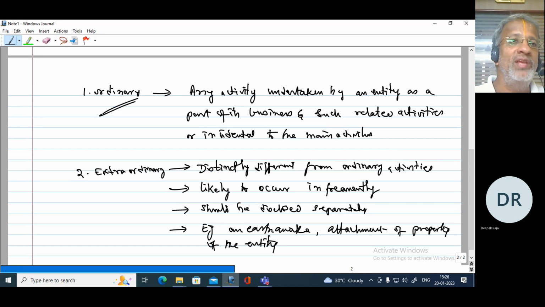So it all depends on the nature. One cannot be telling that just because they are infrequent in nature, we should take it up as extraordinary. Okay. Then prior period item.